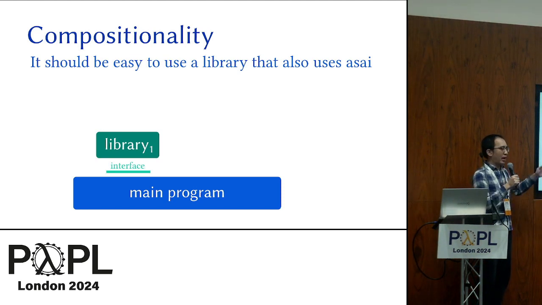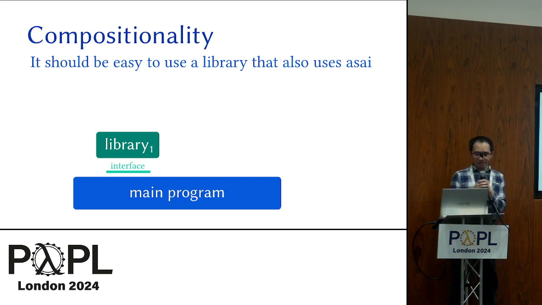And if we manage to convince all of you to use our library, in the near future we are going to have libraries that are also using asai for error reporting. So it's important to be able to use a library that is using this library and then somehow combine all the error handling together very nicely. At least that's what we believe should be important.